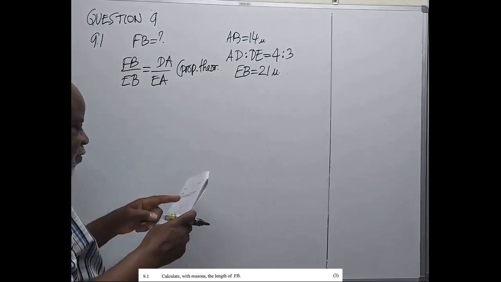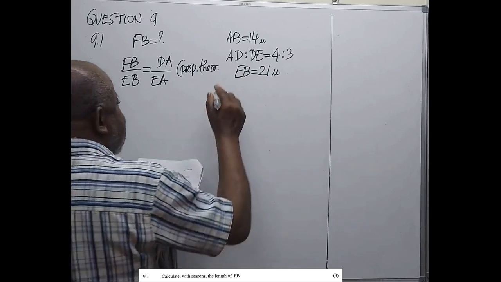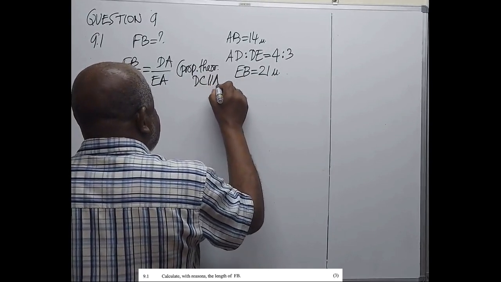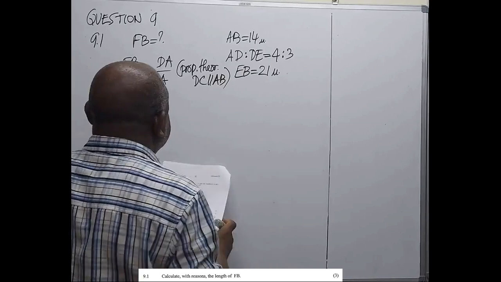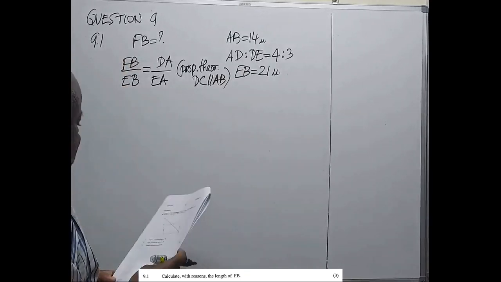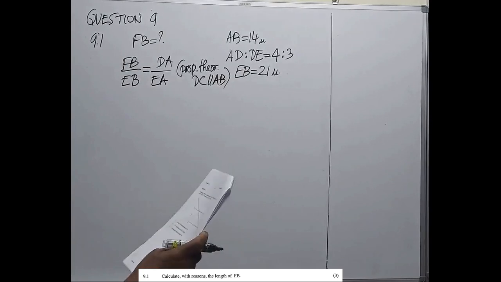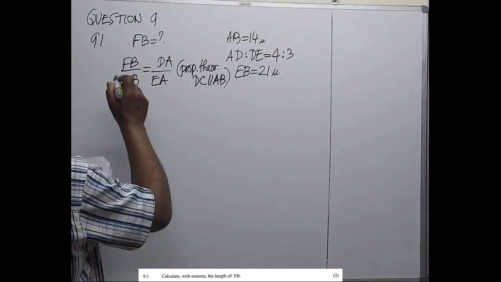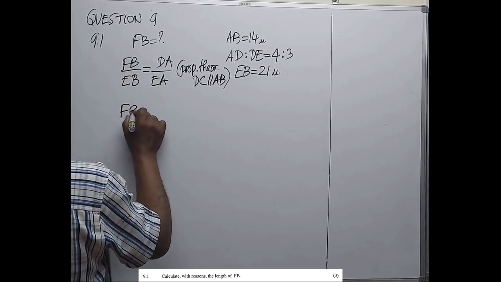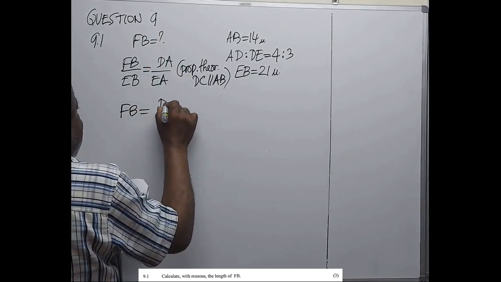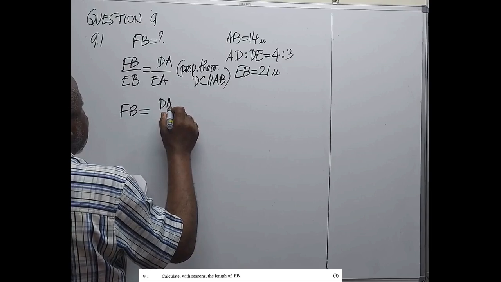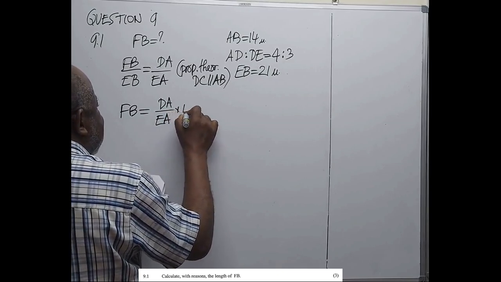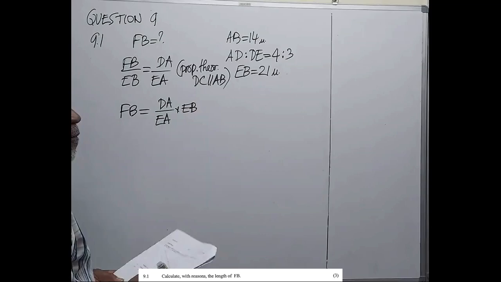As you can see, DC is parallel to AB. You can also write here that DC is parallel to AB. This is the reason for this statement. Now, we're just going to use the ratios. We want to get FB. FB will be equal to DA over EA multiplied by EB.